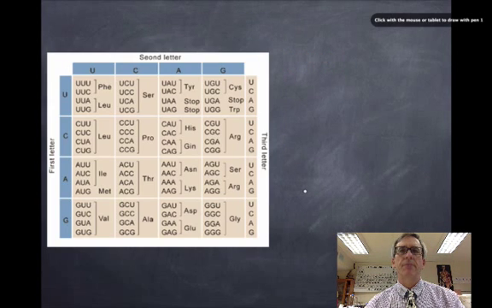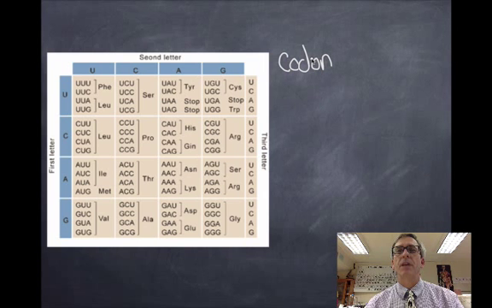This table here is the codon chart. You may be given one on the exam or a piece of one on the exam. A codon is a group of 3 RNA nucleotides, and it takes a minimum of 3 to code for 1 amino acid. Amino acids are the building blocks of proteins.